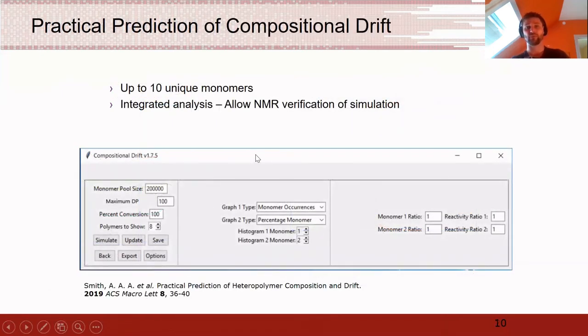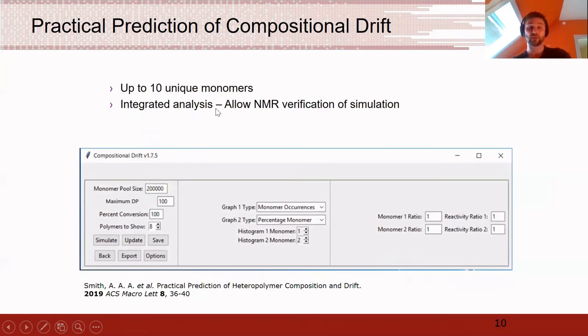So with that, I want to continue on to talking more specifically about the program, as it's a tool out there for anyone to use. At this point, it can use up to 10 unique monomers at the same time. There's a lot of integrated analysis that allows NMR verification of your simulation. What I mean is you can get a readout of your monomer composition at the end of it.